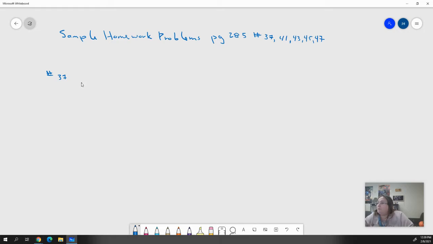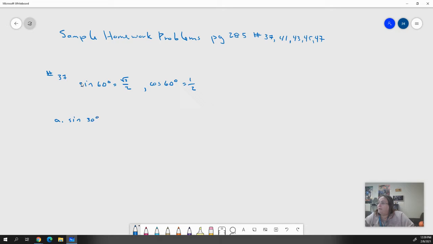The first problem, 37, gives us that sine of 60 degrees equals radical 3 over 2, and that cosine of 60 degrees equals 1/2. What it asks of us is to find A, which is the sine of 30 degrees.